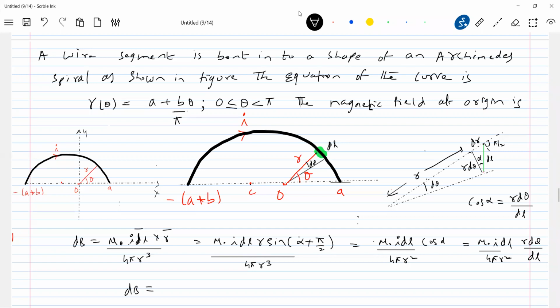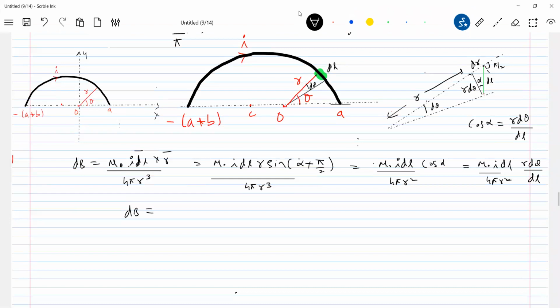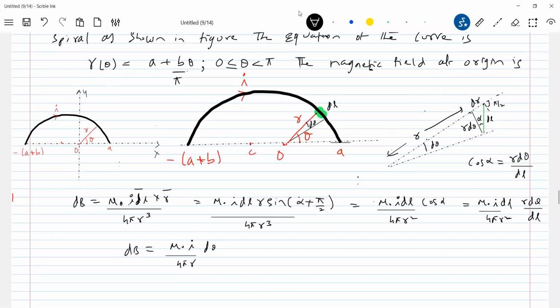So dB is equal to, I'll slide up, mu naught I by 4 pi r d theta. So here r is there, no? Better to differentiate this one. dr is equal to b by pi d theta.